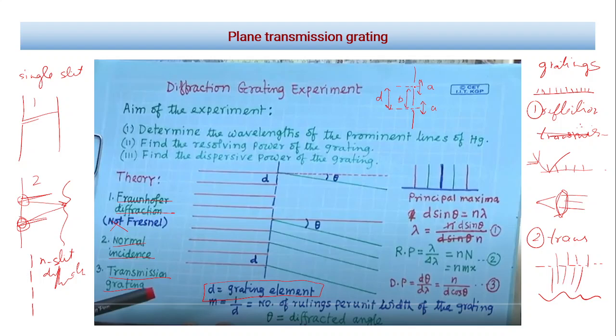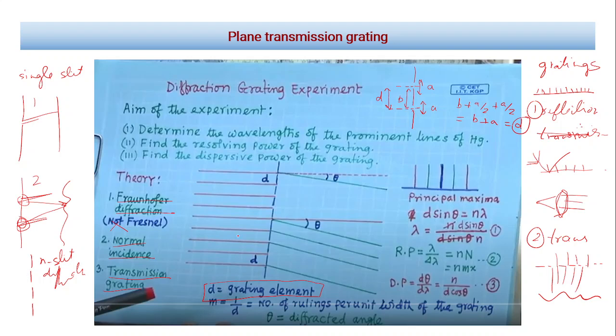Because we are taking the center of each gap, if the gap width is a, then half of it is a by 2. Similarly here, the gap width is a, so half of it is a by 2. So b plus a by 2 plus a by 2 is b plus a. This is our d, the distance between the two gaps.